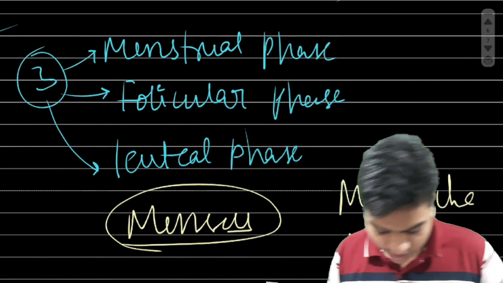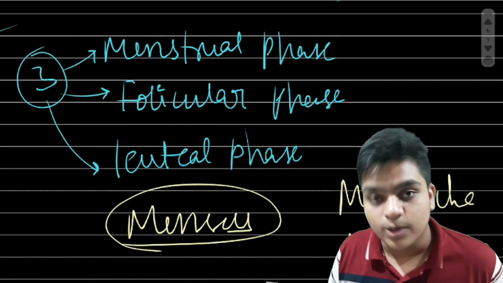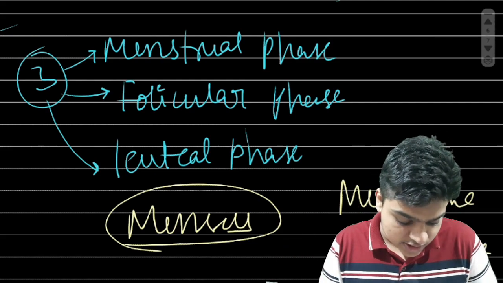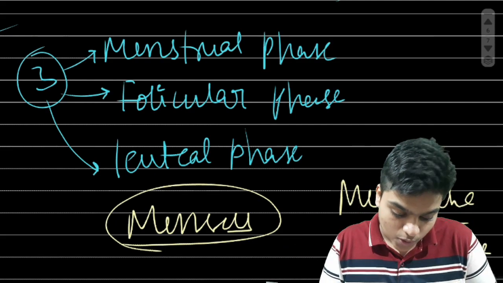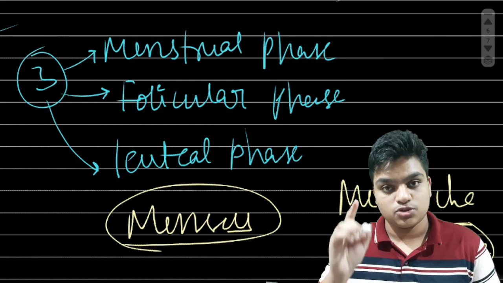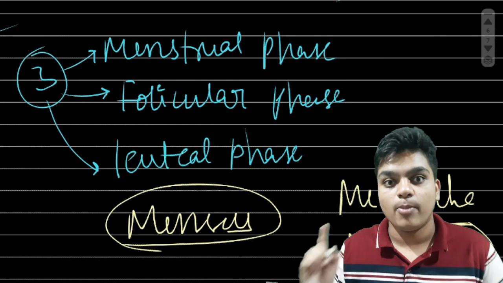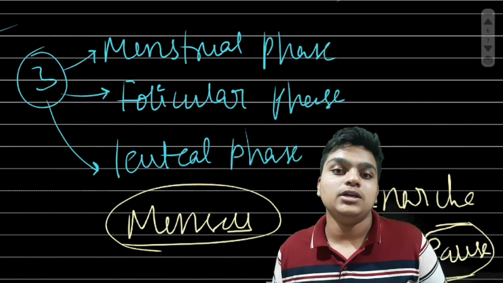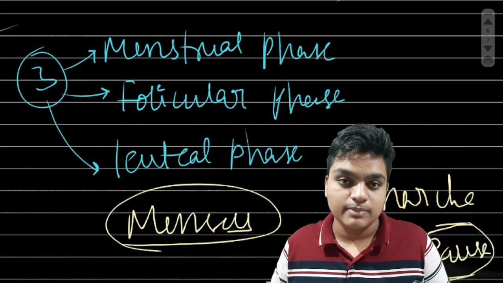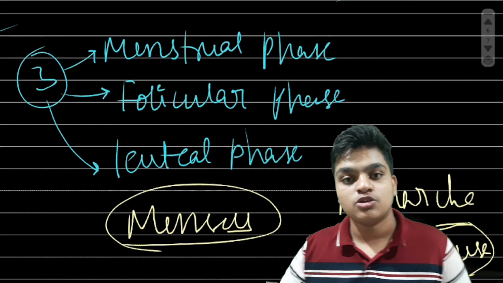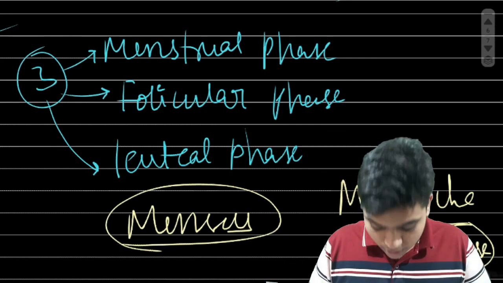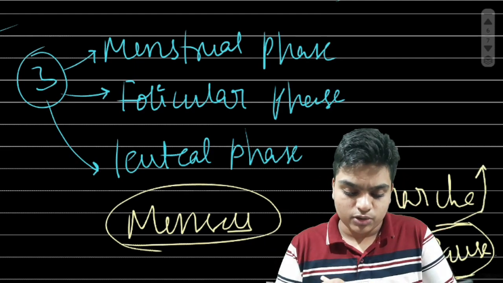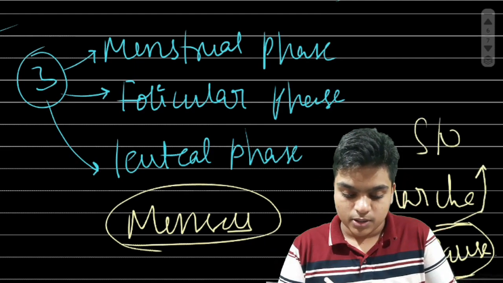Now see, we are at menarche and menopause. Menopause, you already know what it is. Pause generally means a comma, not a full stop, like while you are playing a game. But when it comes to the menstrual cycle, pause means to put a full stop.